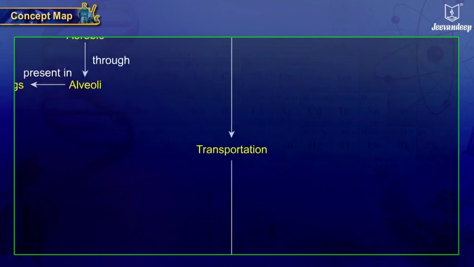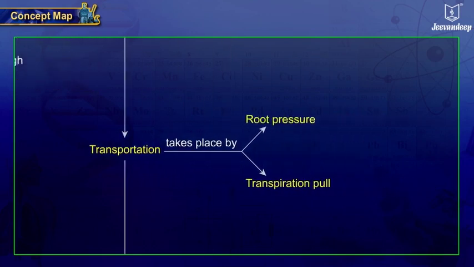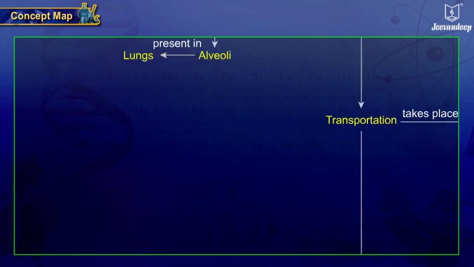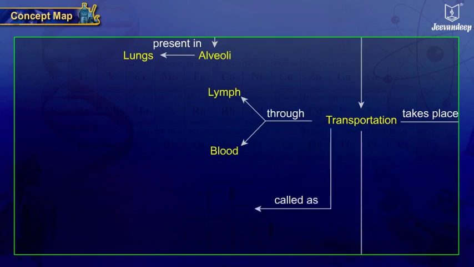In plants, transportation takes place by root pressure and transpiration pull through xylem and phloem. In humans, transportation takes place through lymph and blood. The process of transportation in humans is called circulation.